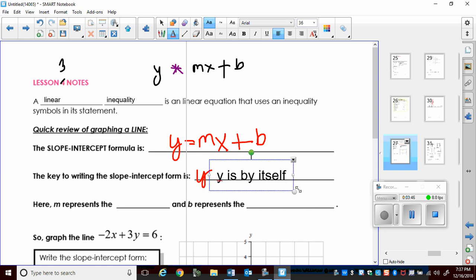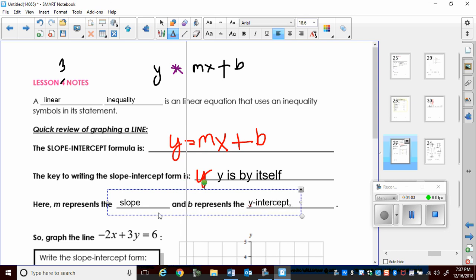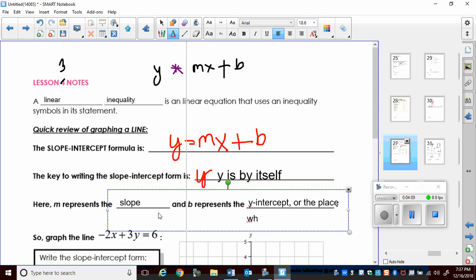In this formula, the m stands for slope, and the b represents the y-intercept, the place where a line crosses the y-axis.